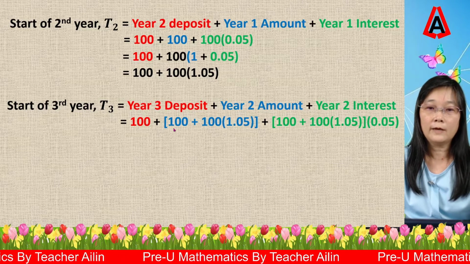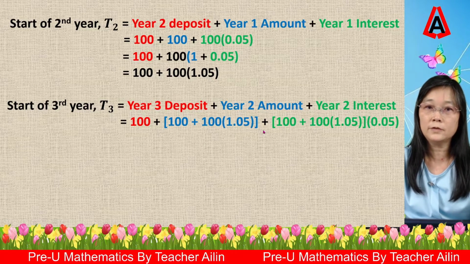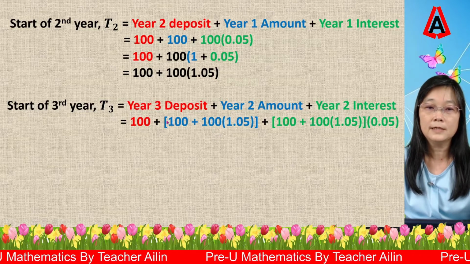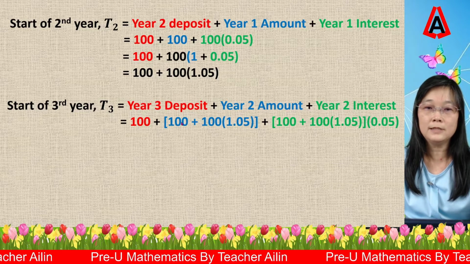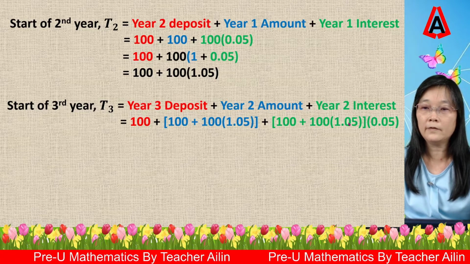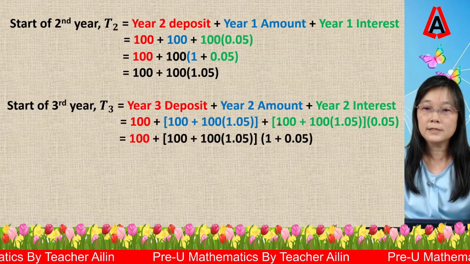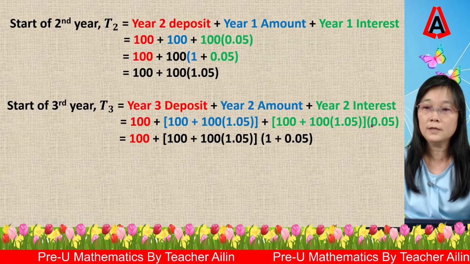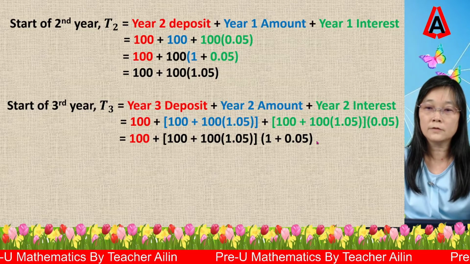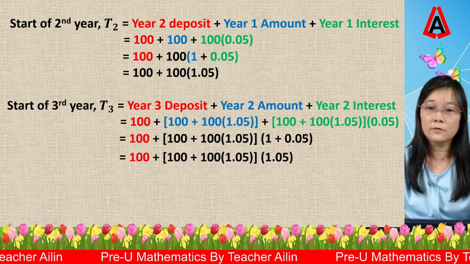So now we have this amount of money. Now we are going to do the factorization. We can see that this money and this money is the second year total amount of money, so when we do factorization, we factorize this same money out. So here we get 1, here we get 0.05, then after that we get 1.05.